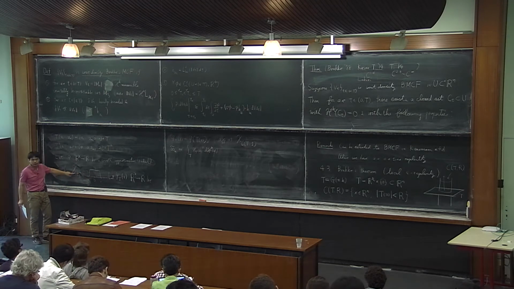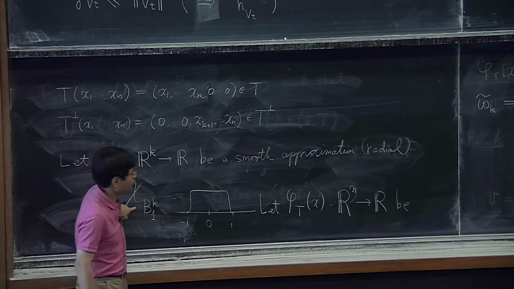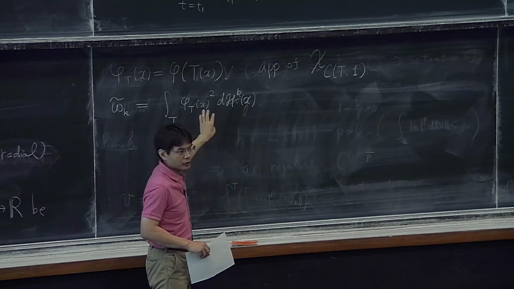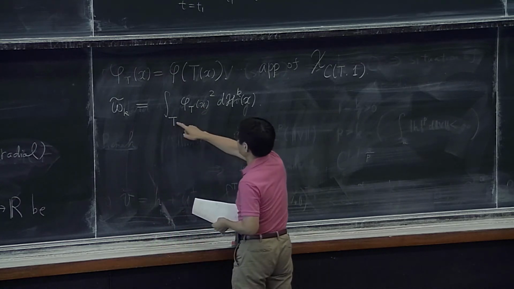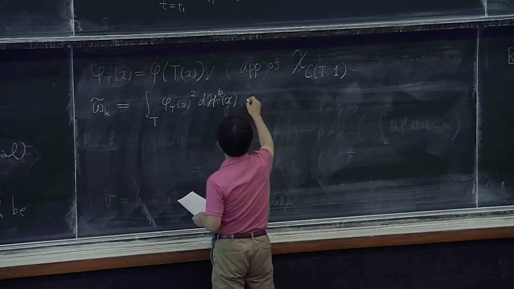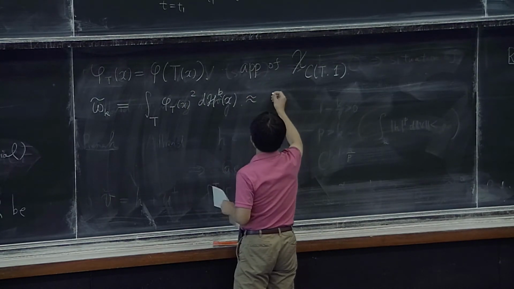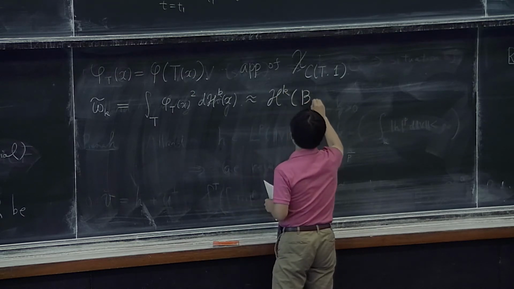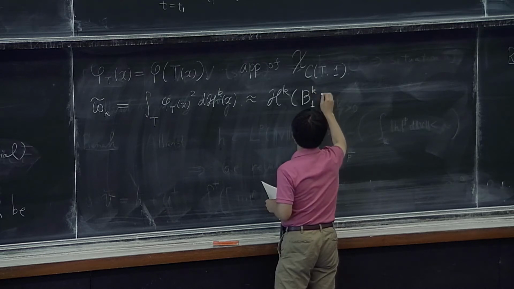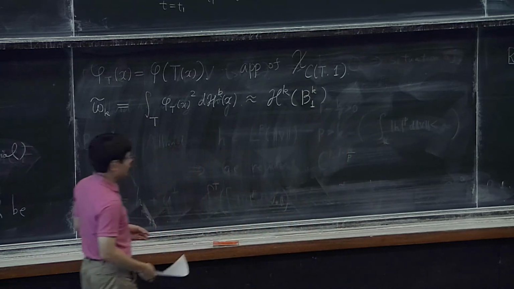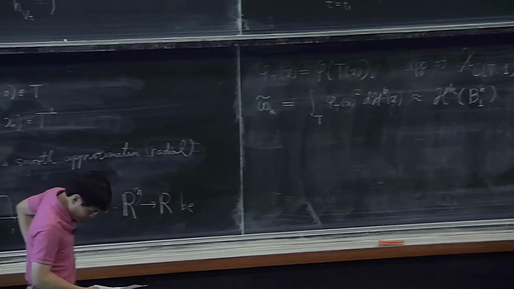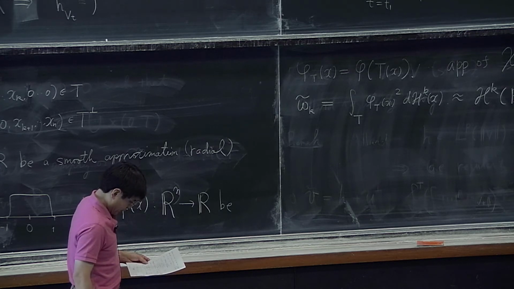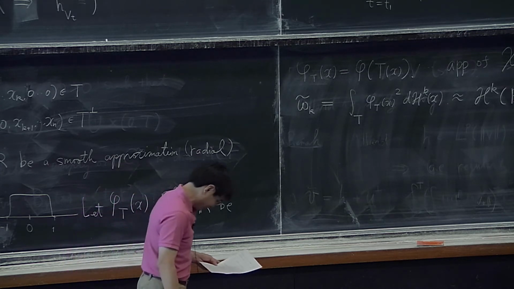This phi is like a characteristic function, so this number is very close to the volume of the unit disk, roughly H^k of the k-dimensional ball of radius 1. I need this slightly smoothed-out characteristic function. It takes time to even define these things, but okay.